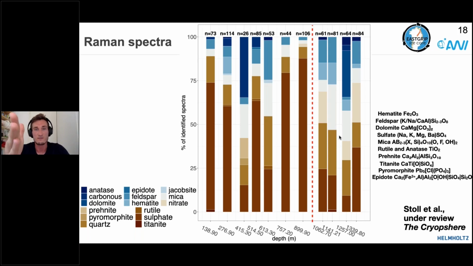The dotted red line you can see here is the boundary between the sulfate-diverse area of the core and the gypsum-dominated area of our samples. So at 900 meters, we have the switch, and you can see it in this reddish-brown color, the bottom bar, which really decreases after 900 meters, so on the right.